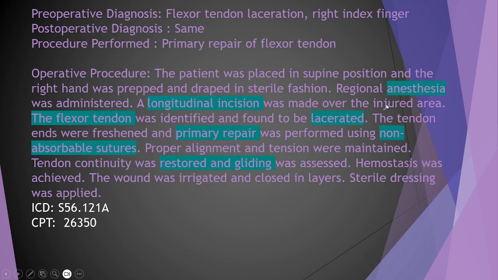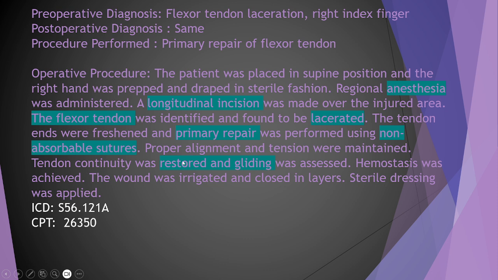The incision was made over the injured area, and the flexor tendon was identified and found to be lacerated. The tendon ends were freshened, and the primary repair was performed using non-absorbable sutures. Proper alignment and tension were maintained, tendon continuity was restored, and gliding was achieved. Hemostasis was achieved, the wound was irrigated and closed in layers, and a sterile dressing was applied.